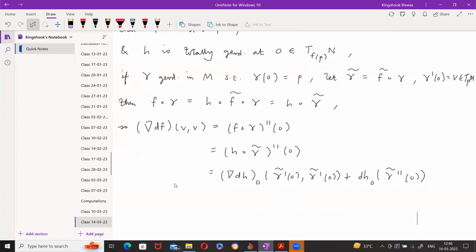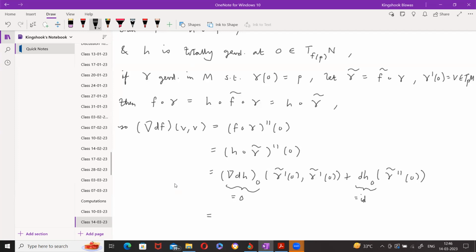Yes, but H is totally geodesic at the origin, so this first term is 0. Is this clear? Yes, sir. And H is the exponential map, so the derivative of H at the origin is the identity, as we've seen.